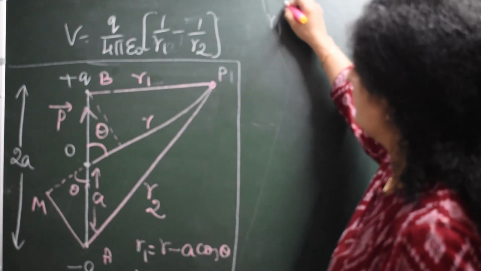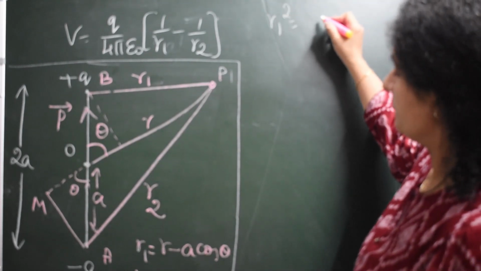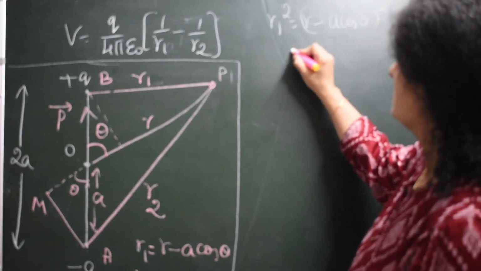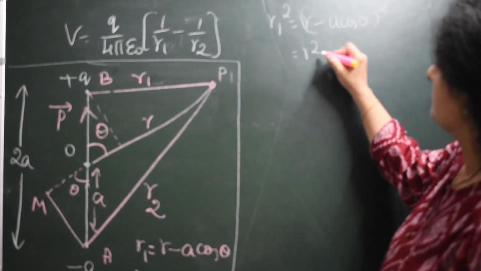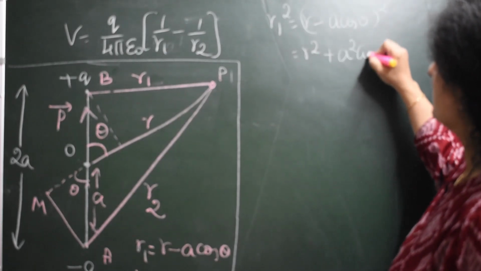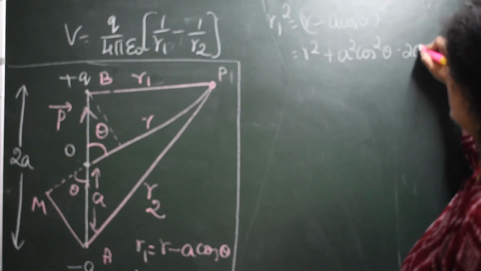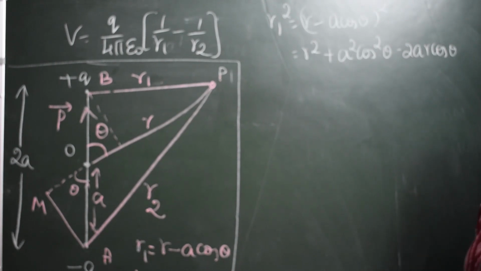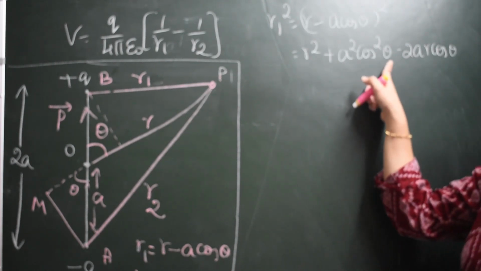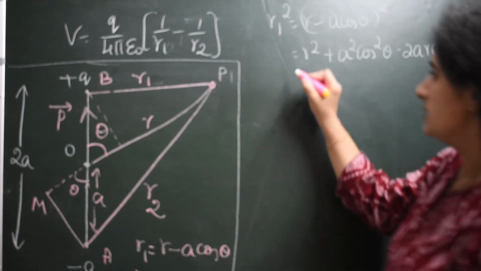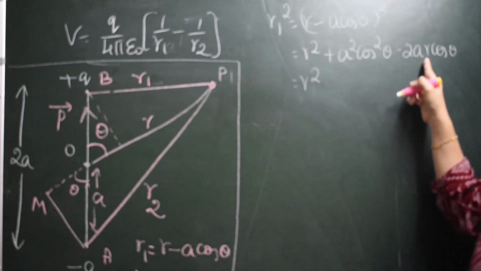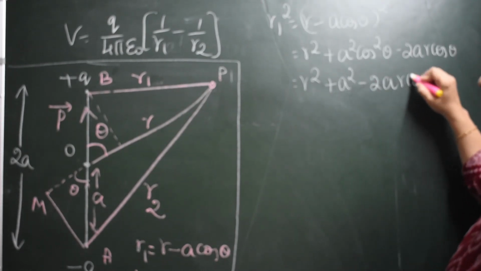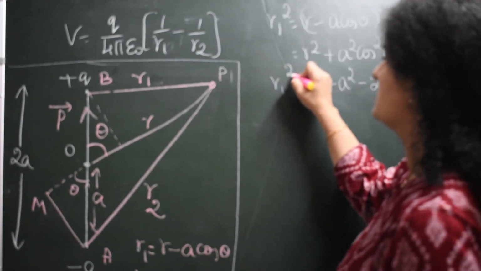You have R1 square is equal to R minus A cos theta whole square. So it is R square plus A square cos square theta minus 2AR cos theta. A is very small, theta is very small, so cos square theta can be neglected. So you have R square plus A square minus 2AR cos theta. This is for R1 square.